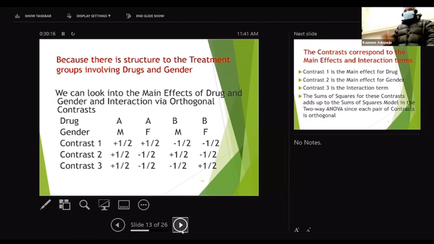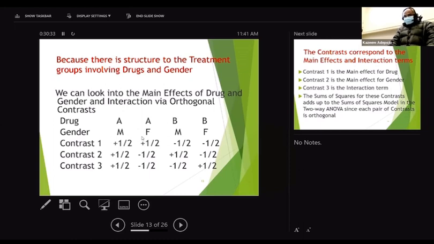If you take a look at contrast one, I'm going to give you an explanation now. The drug is A and B, right? And the gender is male and female, right?